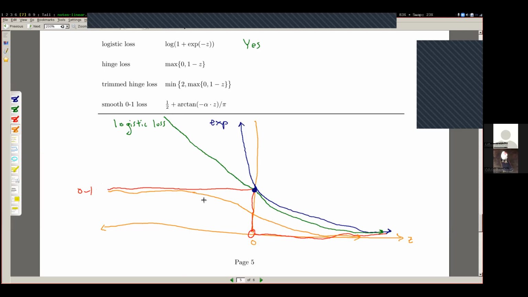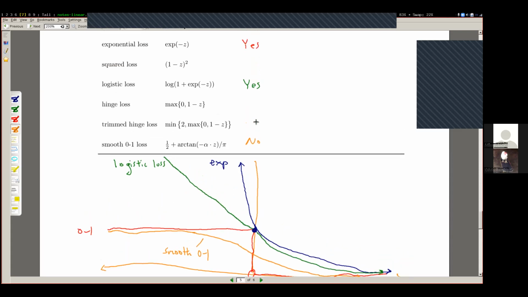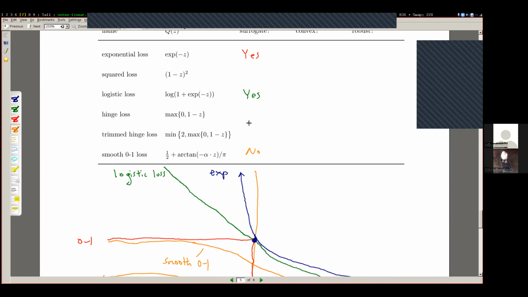That's the smooth 0, 1. And this now is not an upper bound of the 0, 1 loss. So this is not a surrogate. Any questions about those?